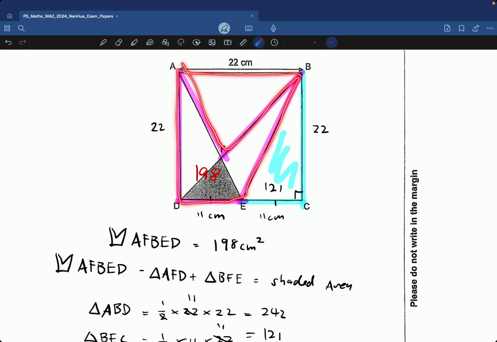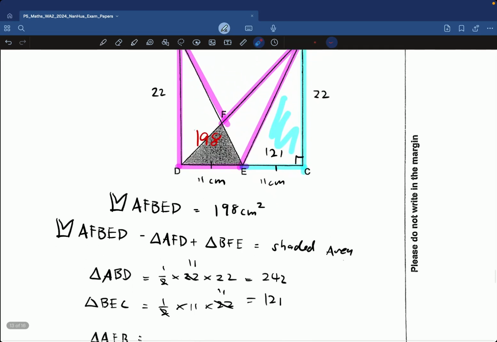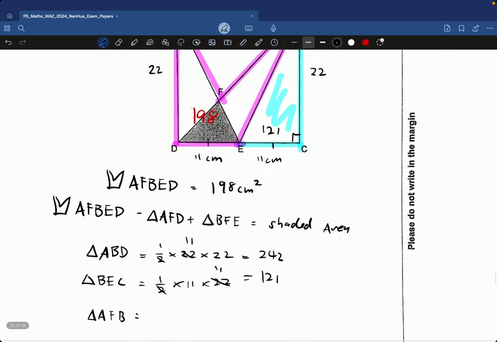So AFB is equal to the whole of the square, 22 times 22, then we need to minus the BEC, which is 121, minus 198 over here.